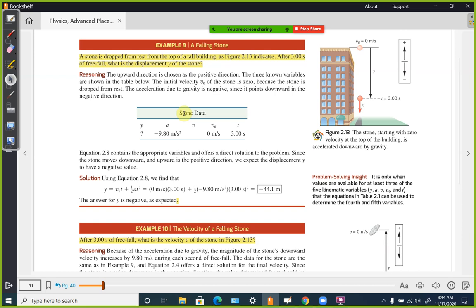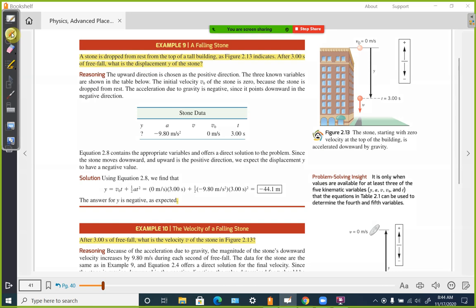They don't specifically tell you, but it says a stone is dropped from rest. If something is dropped from rest, its initial velocity is 0. So they don't tell us, but we can surmise that v sub 0 is 0.